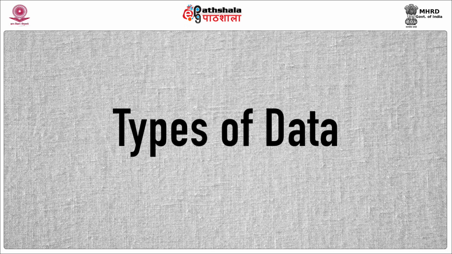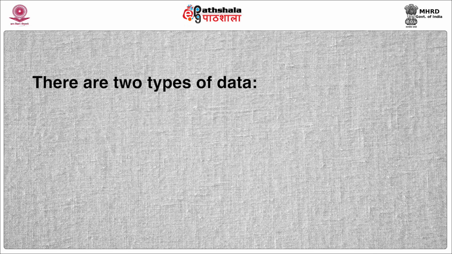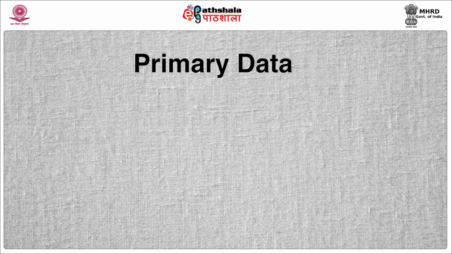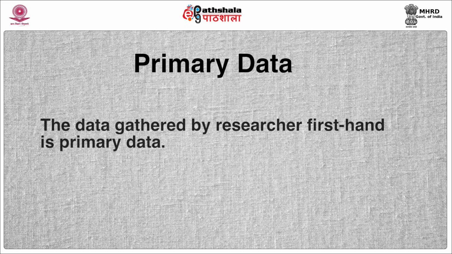Now, types of data. There are two types of data, primary data and secondary data. First is primary data. The data gathered by the researcher first hand is primary data.